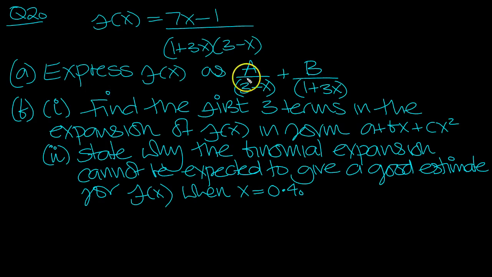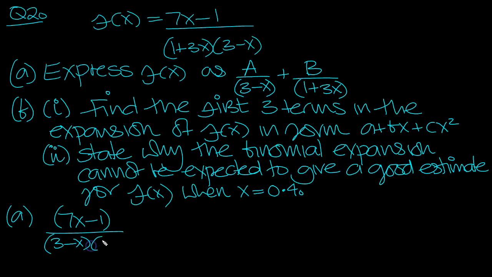So let's have a look at partial fractions first. So 7x minus 1 over 3 minus x times 1 plus 3x is the thing up here. I've put them around the other way because we let it equal a over 3 minus x plus b over 1 plus 3x. It's easier on the eye written in this form.